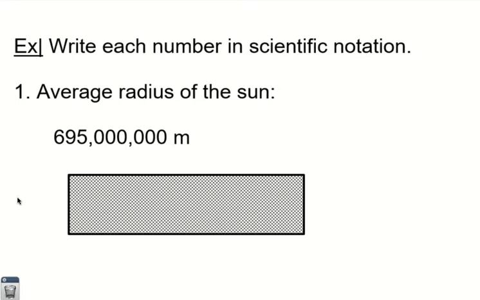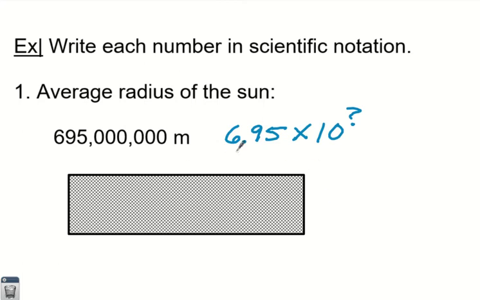So if we wanted to write this in scientific notation, the decimal point, which is now here, has got to go there. Okay? So maybe I'll write it out this way for now, 6.95 times 10 to the what power.